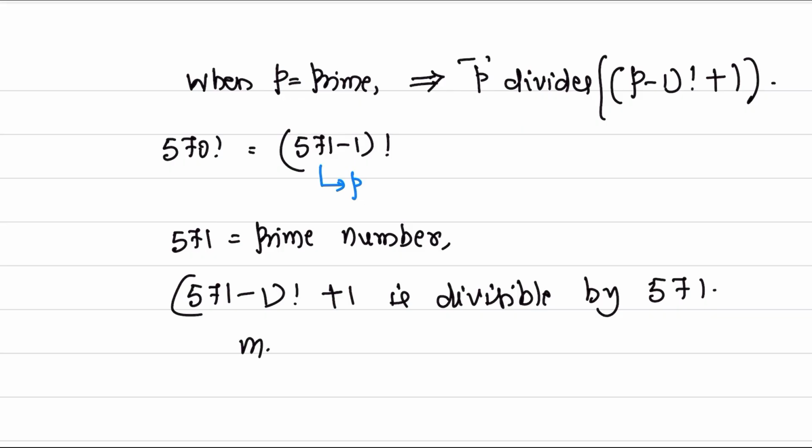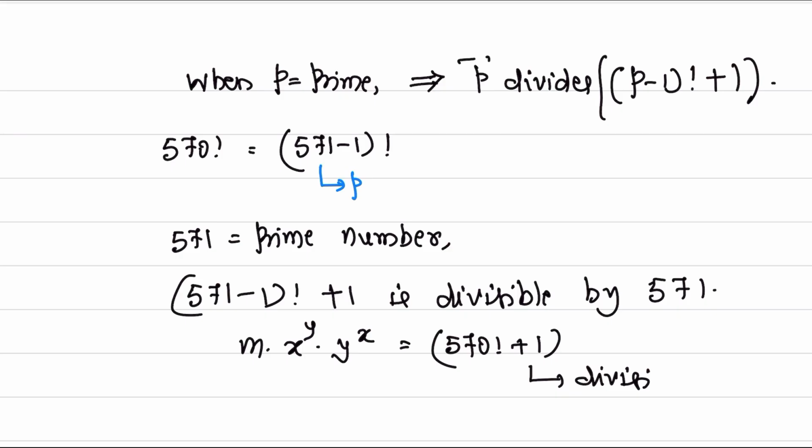That means m into x to the power of y into y to the power of x is equal to 570 factorial plus 1, which is divisible by 571.